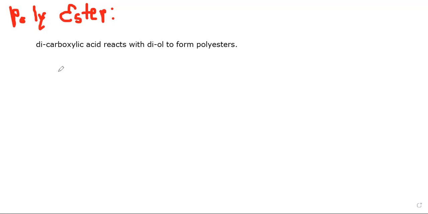If these two react, dicarboxylic acid and diol, then the product that is formed is known as polyester. So the definition for polyester is: if any dicarboxylic acid reacts with a diol, then the product that is formed is known as polyester. Okay, so let's see how polyester is really formed.